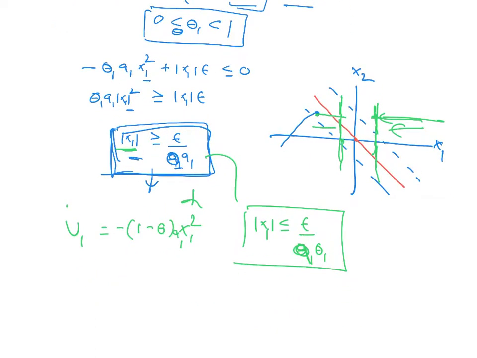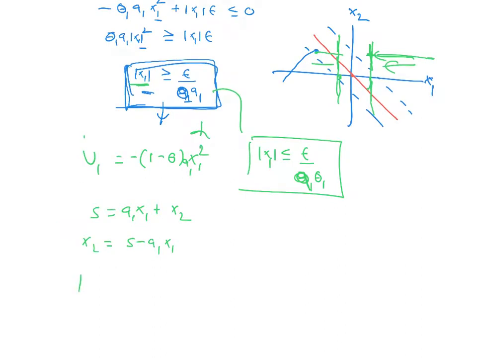So now you can use this to find what should be the bound on x2, right? How do you find that? Our s equals a1 x1 plus x2, right? And so x2 equals s minus a1 x1, right?